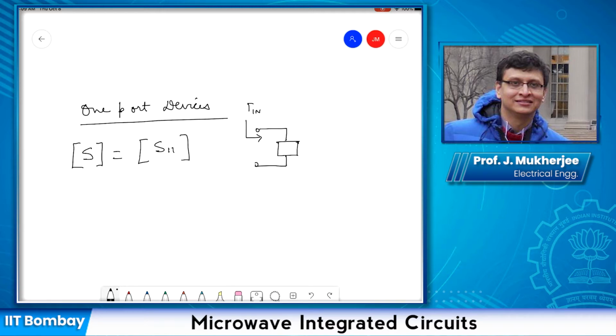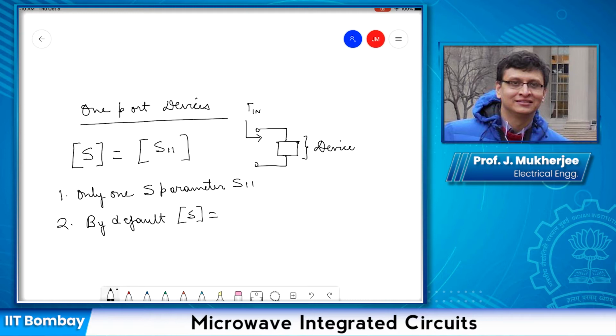The second point to note is that since there is only one S parameter for a one-port device, by default S12 equals S21, isn't it? This is always true.